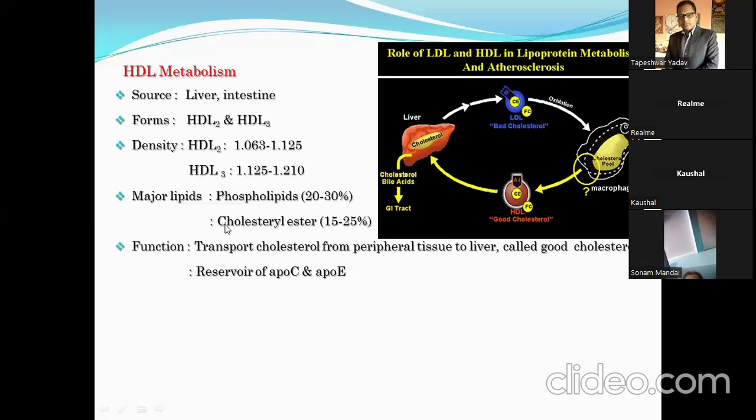And the function of HDL is to transport cholesterol from peripheral tissue to the liver, so-called good cholesterol. And it is the reservoir of apoprotein C and apoprotein E, which we already discussed in the metabolic pathway. They are going to donate apoprotein C and apoprotein E. So the collection of these proteins is what we can call the reservoir of protein C and E for the HDL.